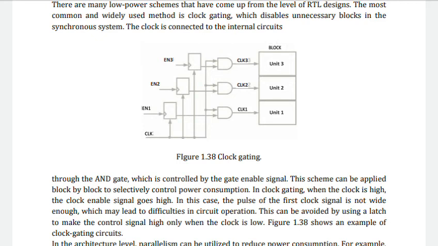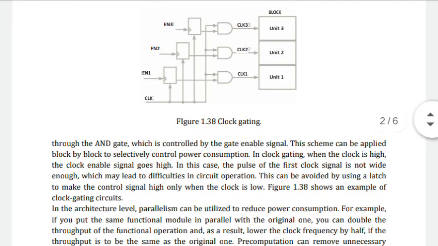It is shown in the above figure, the clock gating circuit.